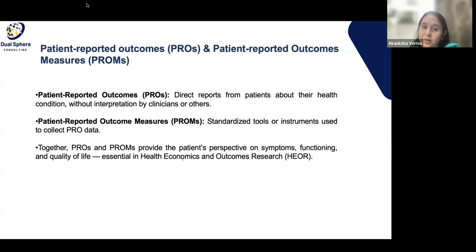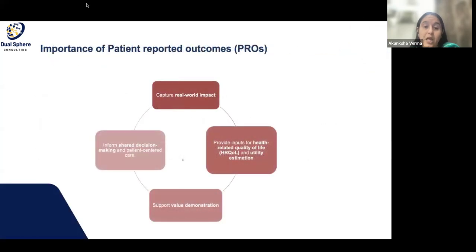Okay. So next slide, please, Richa. Why is it important? Why do you want to know about patient-reported outcomes? As you can see, there are four different uses or benefits of patient-reported outcomes.